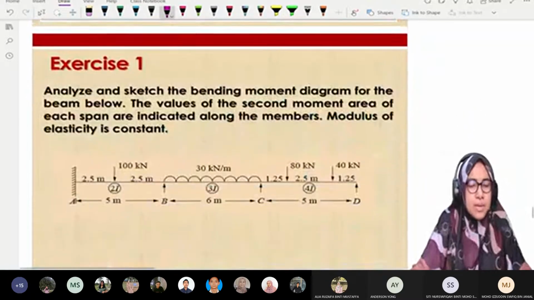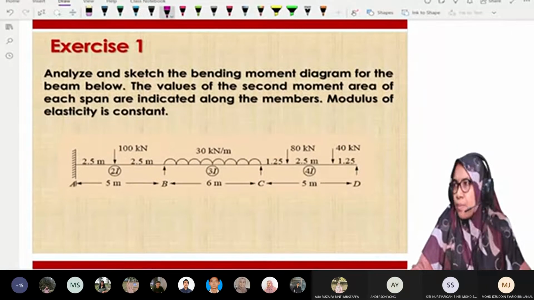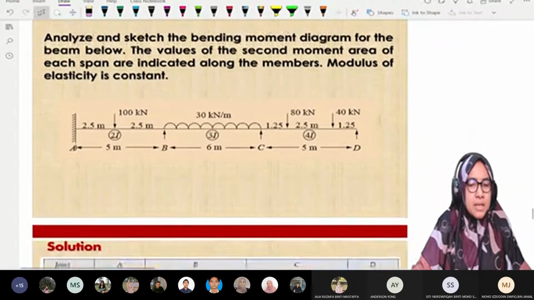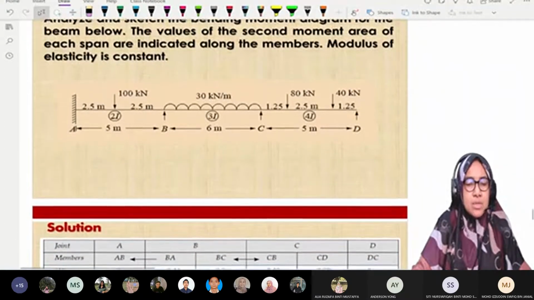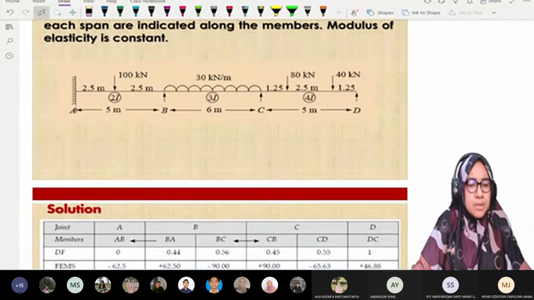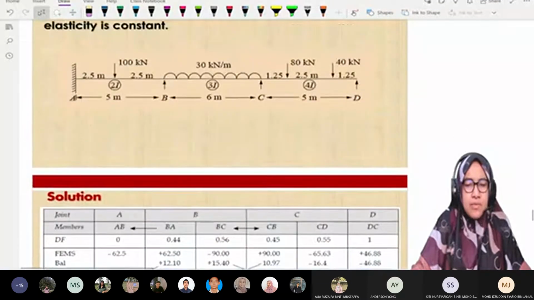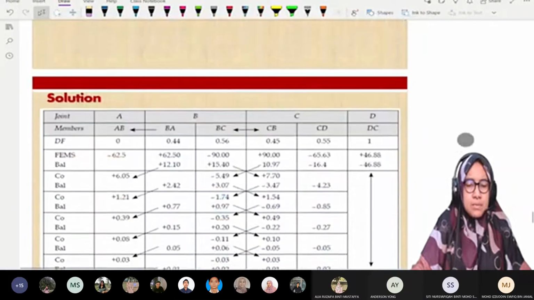Okay, yang ni exercise: analyze, sketch bending moment diagram for beam below the values, as indicated. Yang ni I dia is not constant. Yang ni N dia apa? Cantilever. Tak clear diagram ni.